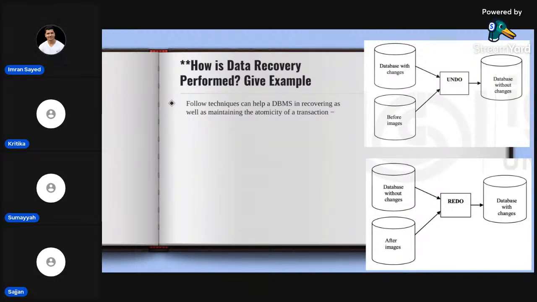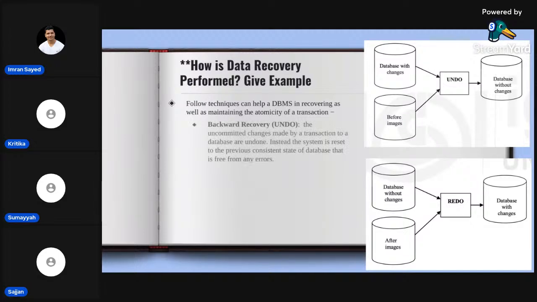Kritika, can you read this? Yes. Following techniques can help DBMS in recovering as well as maintaining the atomicity of a transaction. First, backward recovery or undo. The uncommitted changes made by a transaction to a database can be undone. Instead, the system is reset to the previous consistent state of the database that is free from any errors.